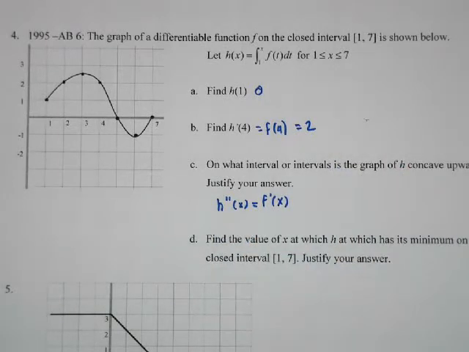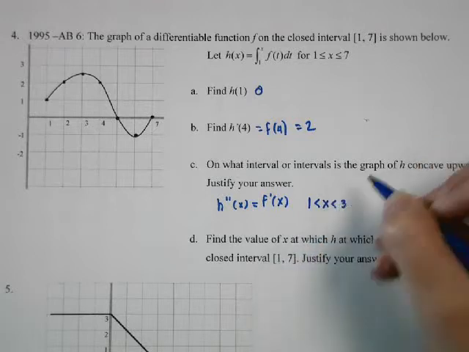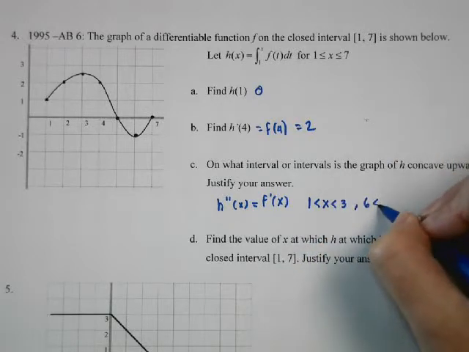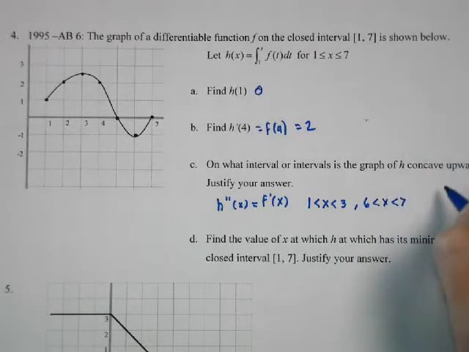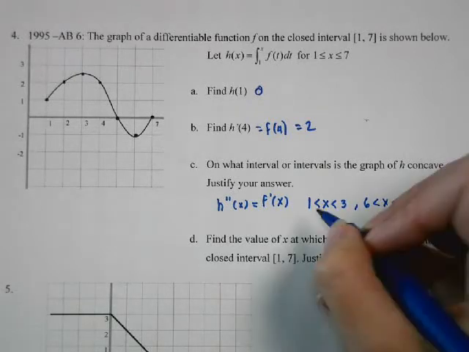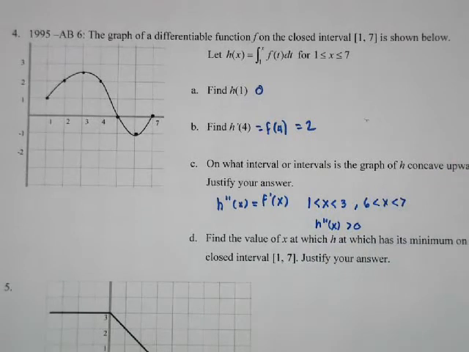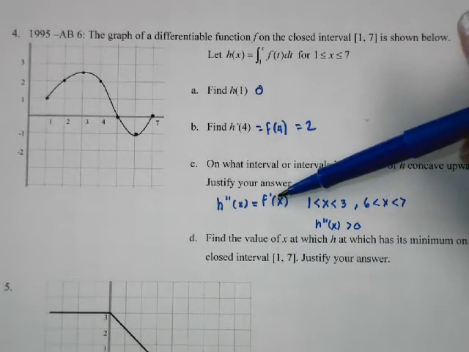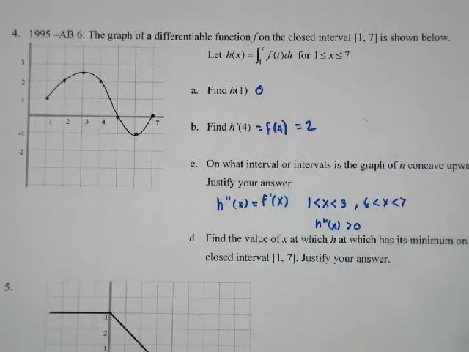So we're looking for where f is increasing, and that's from 1 to 3 and from 6 to 7, because h double prime of x is greater than 0. We arrived at that because the first derivative would be increasing, which means the second derivative is positive.